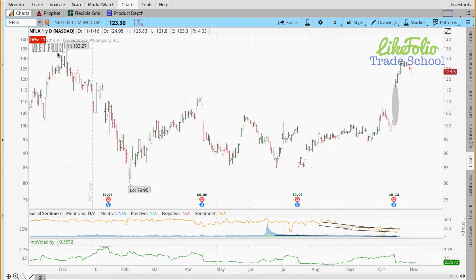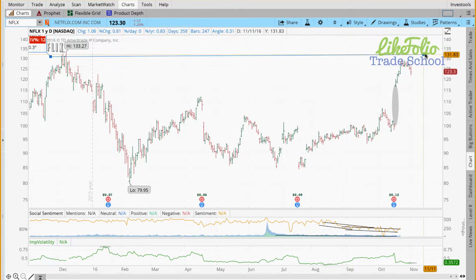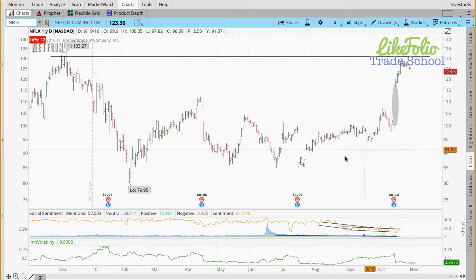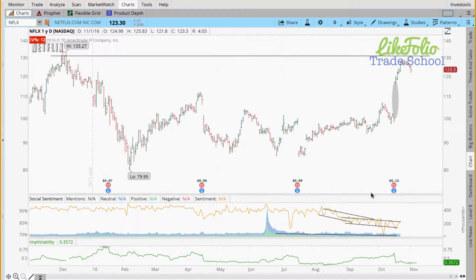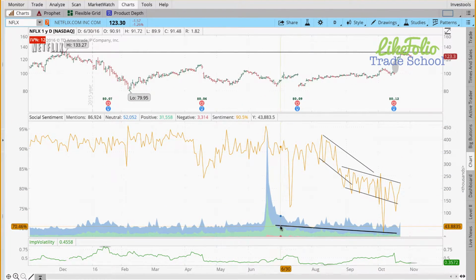Why is that taking place? Possibly because we're kind of near these 52-week highs, and maybe the market's just not ready to push it above into new high territory. So the market's definitely getting skittish at these levels. And maybe it's time for this downside pressure to get a little continuation because of this observation that we're seeing here in positive mentions, as well as the decline in overall sentiment.